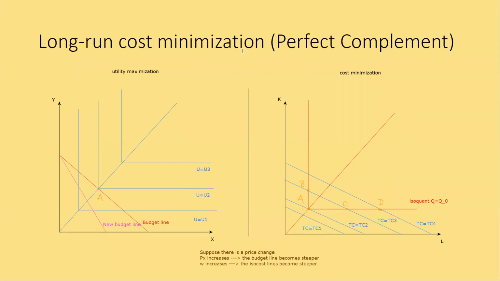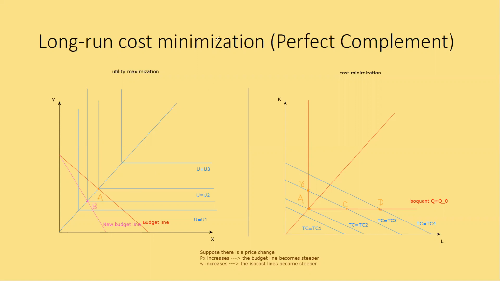Now the new optimal point is going to be, let's see, this point. And I'm going to use pink here too. This is our point B, which is the new optimal point.